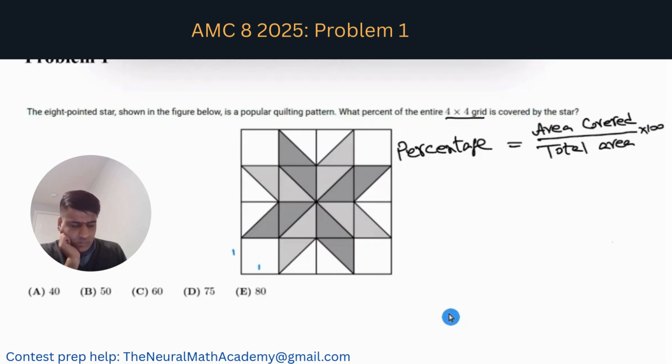And how many total squares do I have here? There are 16 if I count them. So the total area will become 16 unit squares. And now I need to find the area that is covered by the star.